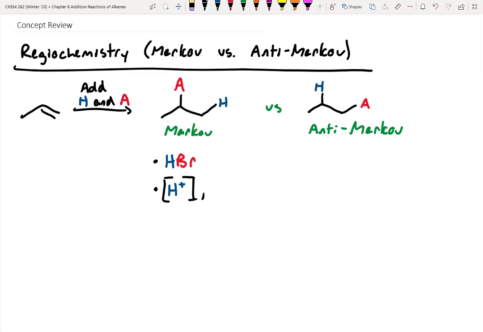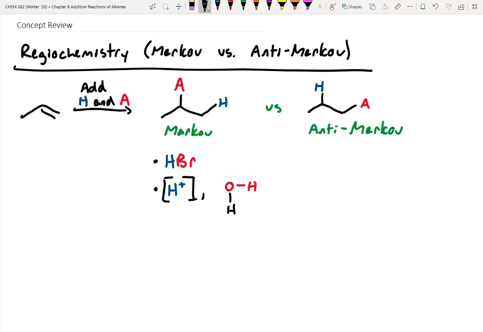Whoops, let me kind of color code this. Here we go. So when we did acid catalyzed hydration, right, we could add our alcohol to the more substituted side. So another way of writing this is just H plus or just H3O plus and water. It doesn't really matter to me.